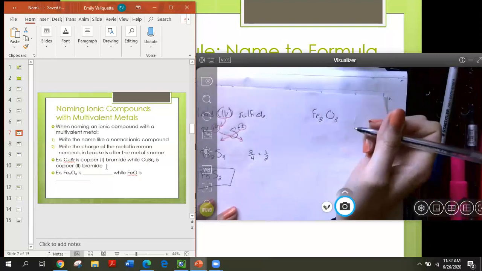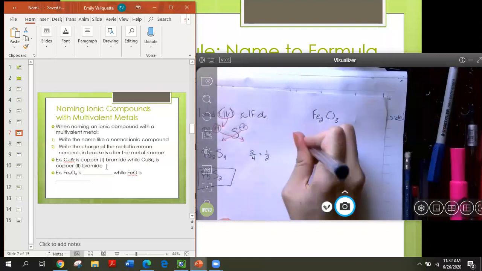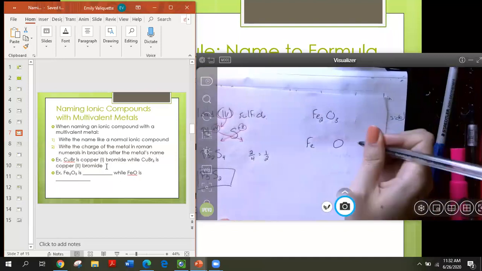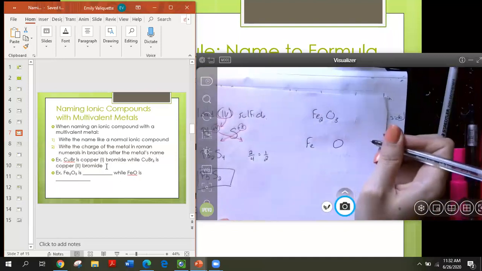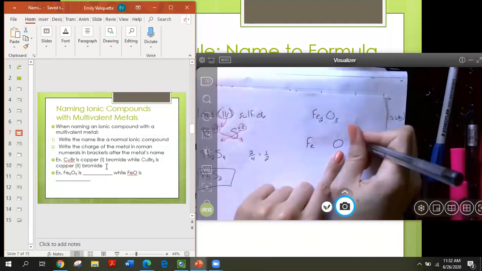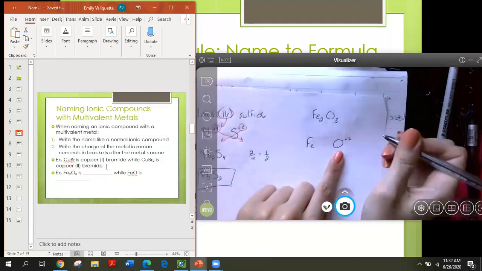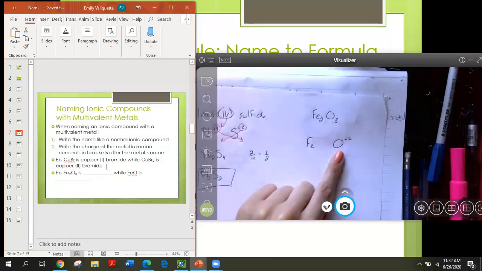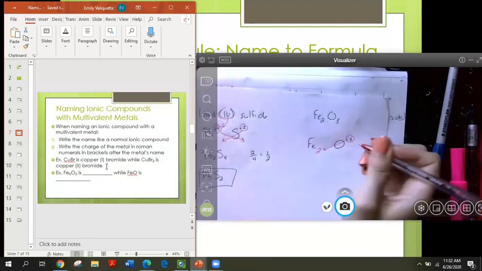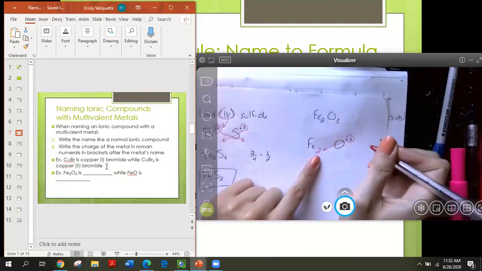So the next example that we have is Fe2O3. So when we do reverse crossing over, I'm just going to write out my Fe and my O, and then I'm going to start by writing out the charge of the atom that I know the charge of. Iron is multivalent, so I don't know its charge, but oxygen always has a charge of -2. And then if I were to cross that over, it would leave 2 iron.